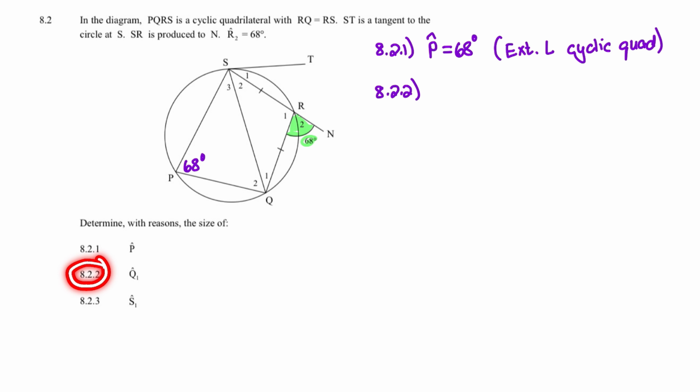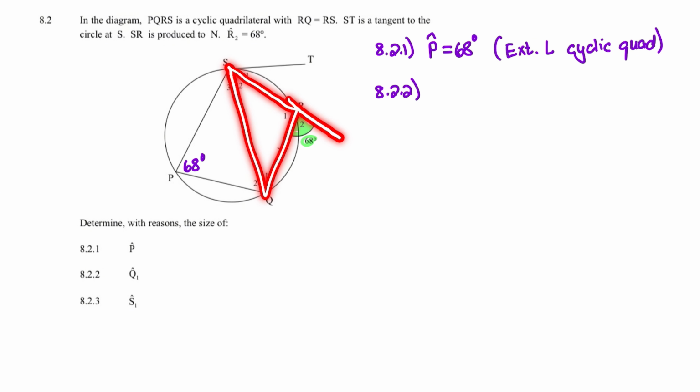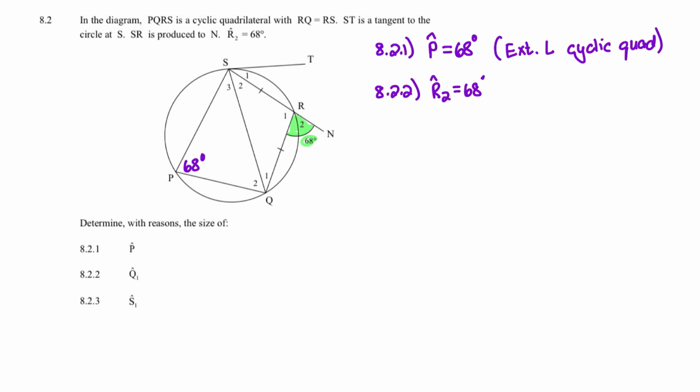8.2.2, find Q1. So Q1 is part of an isosceles triangle. And when I highlight that triangle, I see that the exterior angle is already given. So we know that R2 equals 68 degrees, and that was given, but also that R2 is equal to S2 plus Q1.